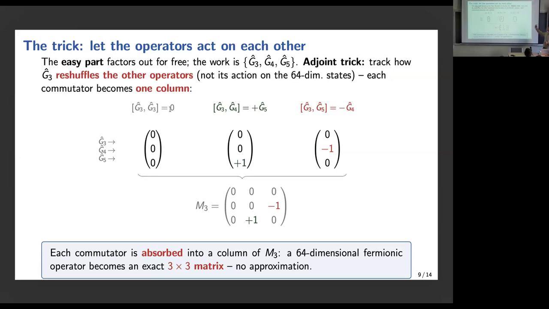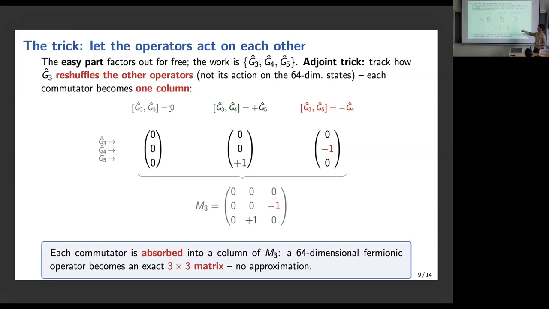The adjoint representation basically gets you a matrix corresponding to each operator. So here in this example, I'm looking at the matrix corresponding to G3. And the matrix is basically trying to capture how one of these operators reshuffles the other operators. In this example, you can see that the commutation of G3 with itself is obviously going to be 0.